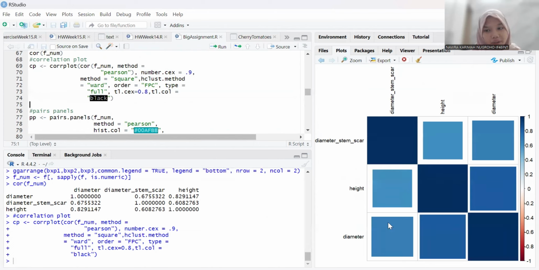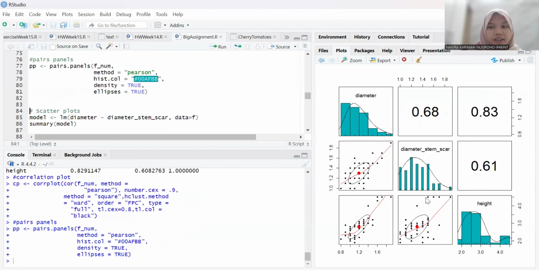And from this visualization, we can see that the diameter and the height have the strongest correlation coefficient, and the second highest correlation coefficient is the diameter of the tomatoes and the diameter at which the stem scar is located. And the least strong correlation coefficient is for diameter at stem scar and the height of the tomatoes.